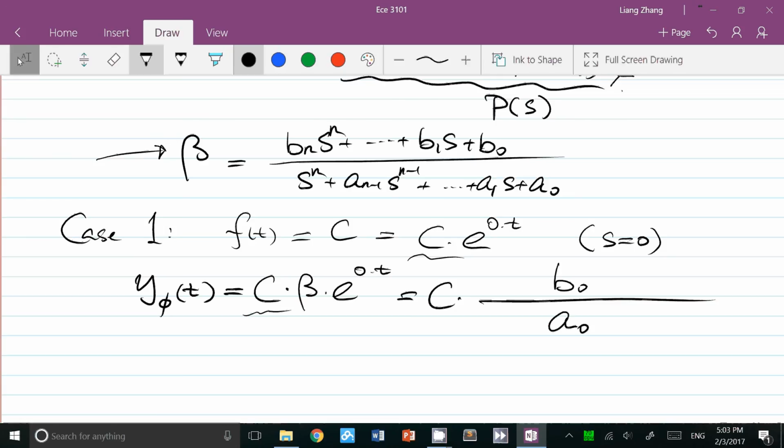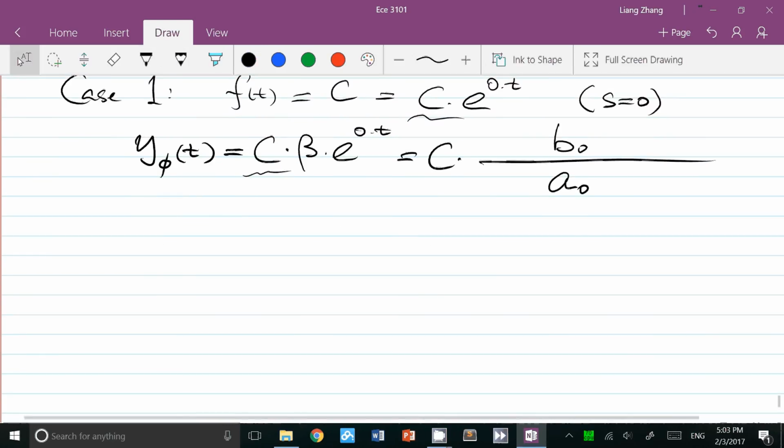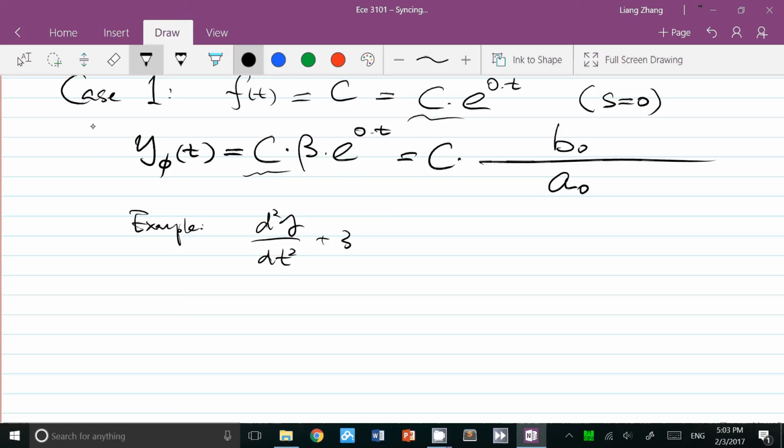Example. We use the same example, for instance: d^2y/dt^2 plus 3 dy/dt plus 2y equal to df/dt plus 4f.